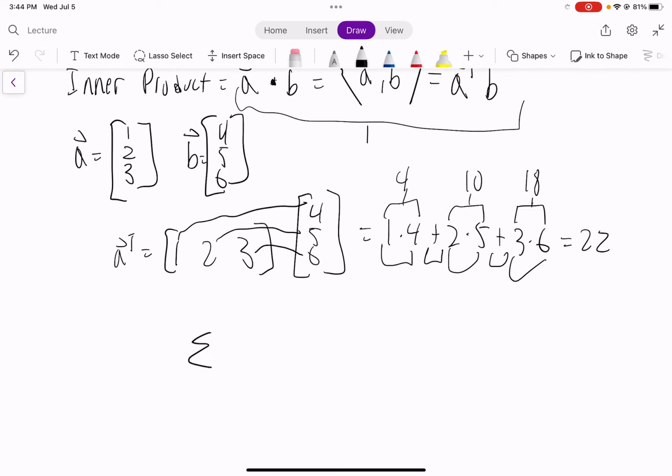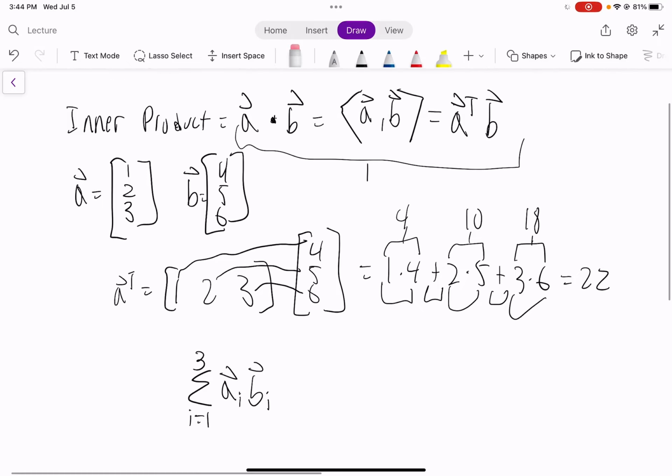So we're summing from, I'm going to say i is the index, from 1 to 3. And then what are we multiplying together? We're multiplying the vector A at i, times vector B at element i. So this is inner product in summation form.